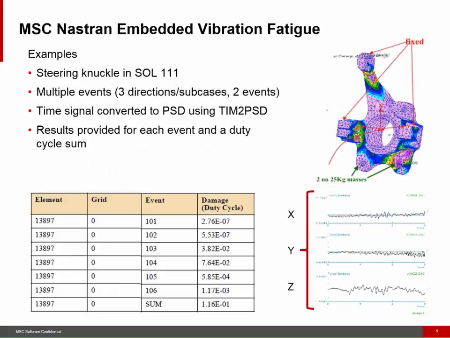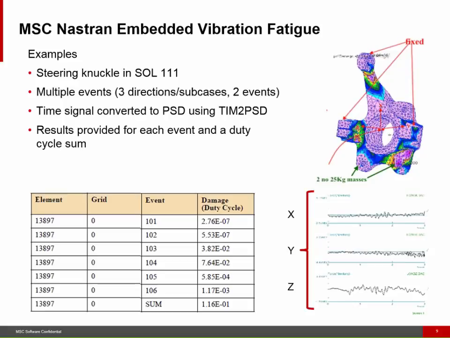So here's one example of a component fatigue analysis in the frequency domain. Modal frequency response analysis of a steering knuckle where you have multiple events and load cases. The time signals are converted to power spectral density using the time to PSD utility.